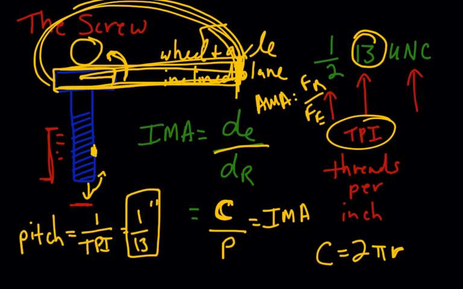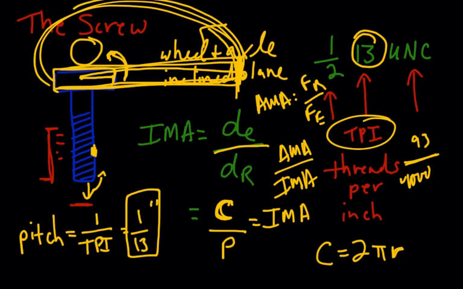Now, the mechanical advantages of these screws are huge. They're like ginormous, crazy numbers, like 90 something or whatever. Really, really big numbers. Huge mechanical advantage. Now, the efficiency is really bad. So if you take your AMA, which is still going to be some big number like 93, over your IMA, to figure out your efficiency, your IMA would also be a ginormous number like 4,000 or something.